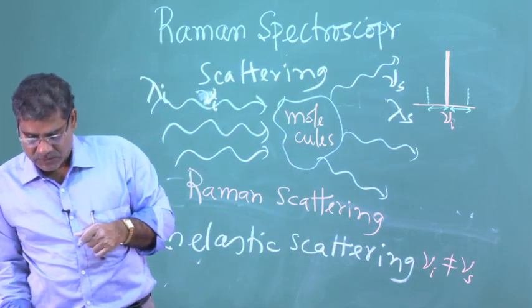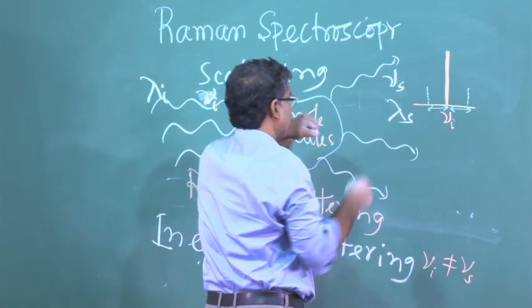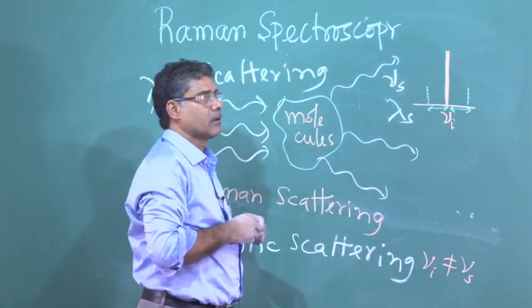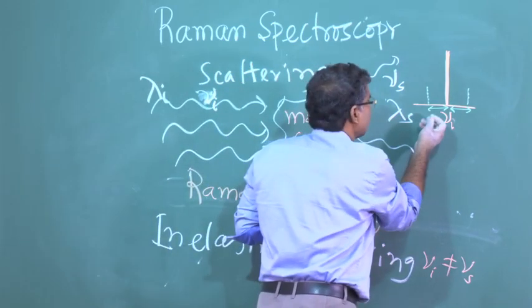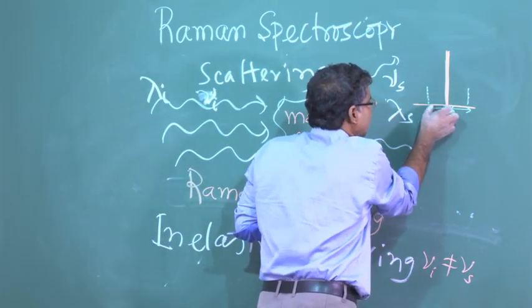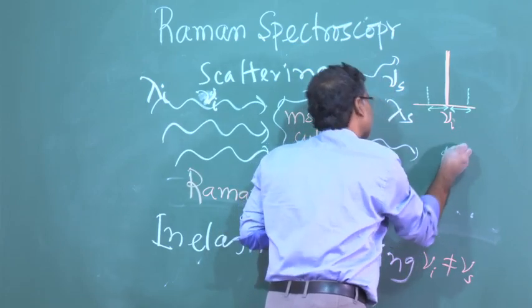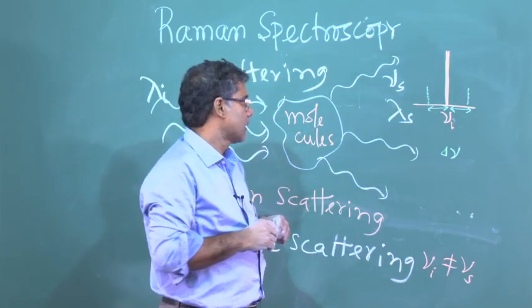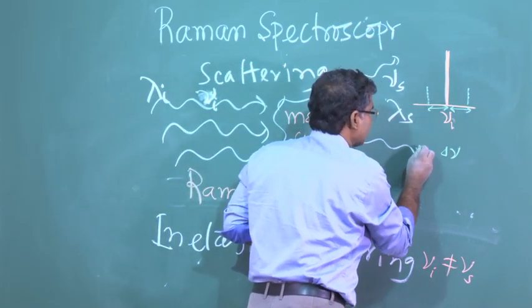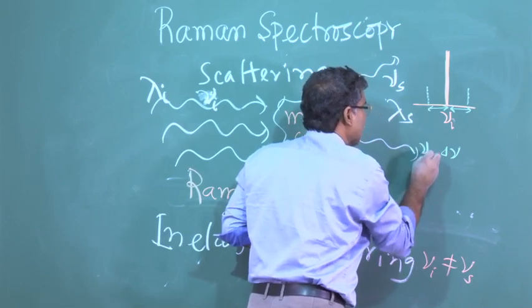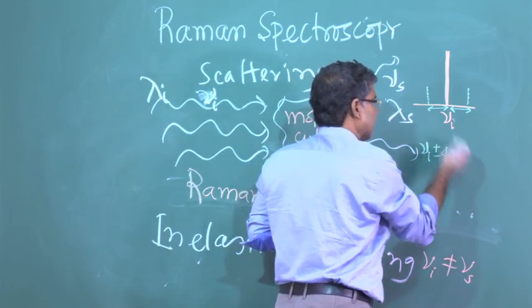So, this frequency difference, if I write it as delta nu, he found two other lines with frequencies nu I plus or minus delta nu.